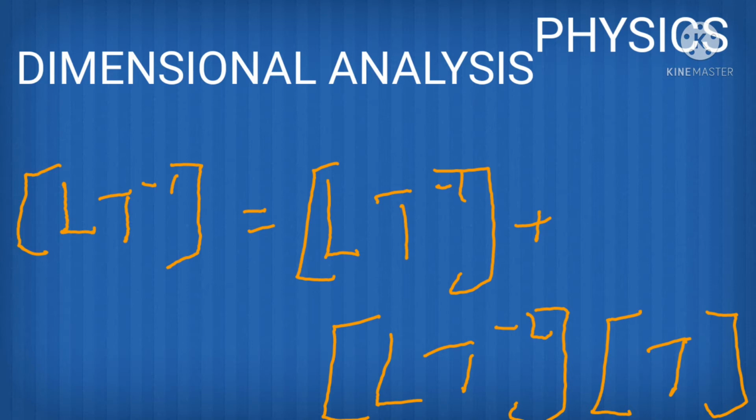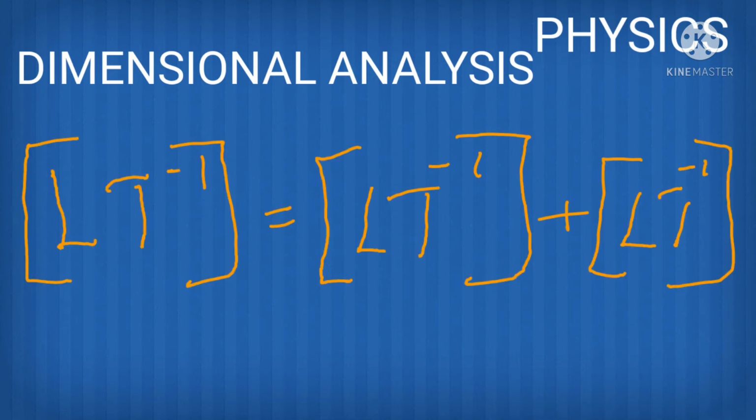For that also the dimensional formula is LT power minus 1, plus the dimensional formula for acceleration is LT power minus 2, and the dimensional formula for time is T. So T power minus 2 into T power 1 will become T power minus 1.